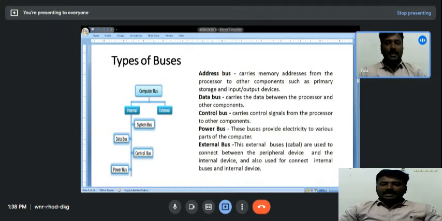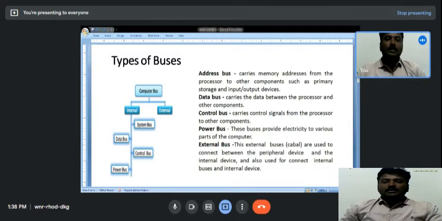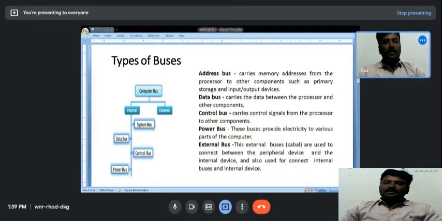As I have already told you, there are different types of buses such as the data bus, address bus, control bus, and in fact power buses and external buses also. The address bus carries memory addresses from one processor, that is the CPU, to other components, for example from the processor to primary storage and input output devices.